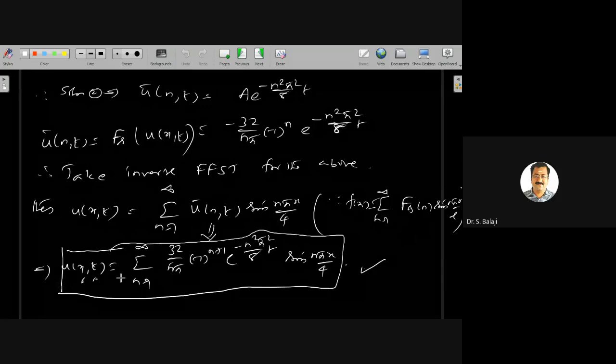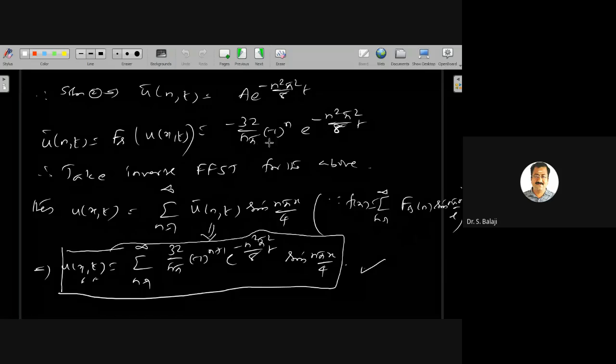U of x comma t is equal to summation n equal to 1 to infinity u bar of n comma t, which we just completed with the help of a also.